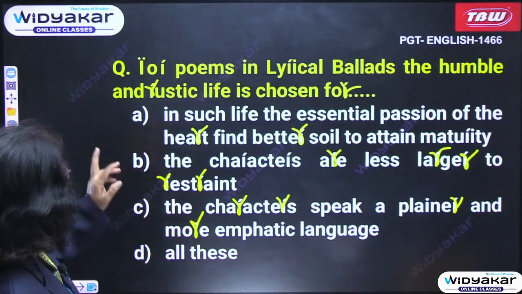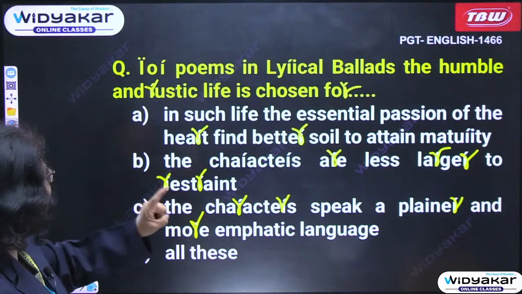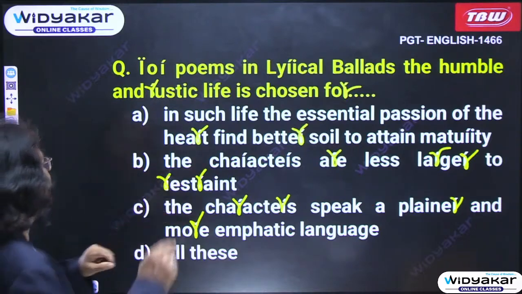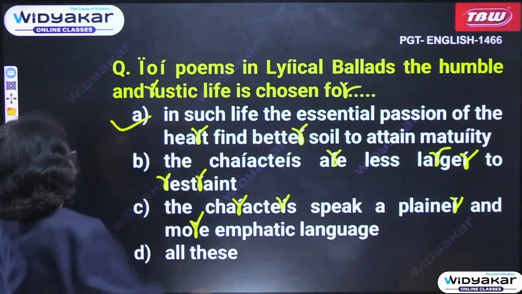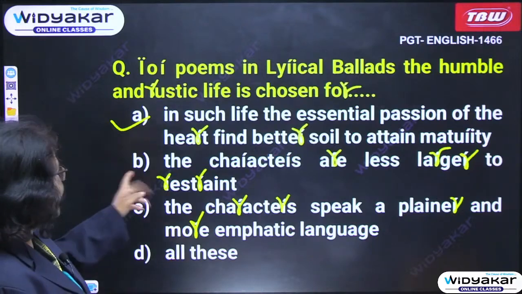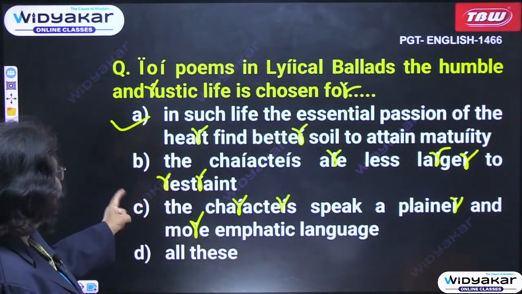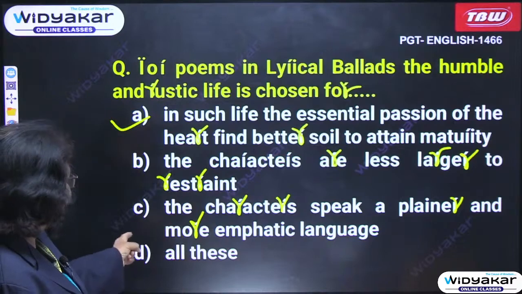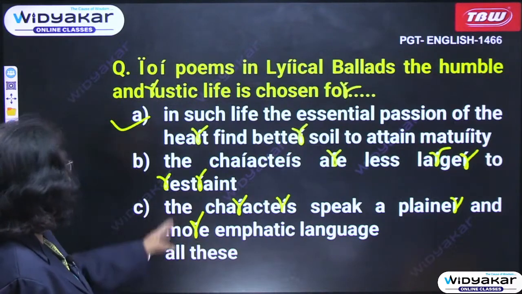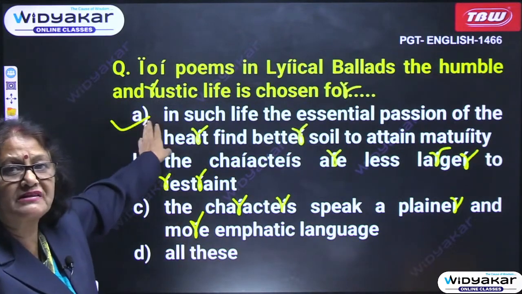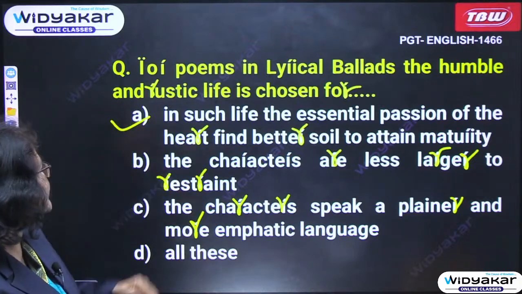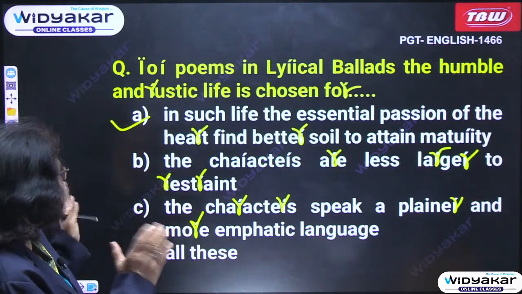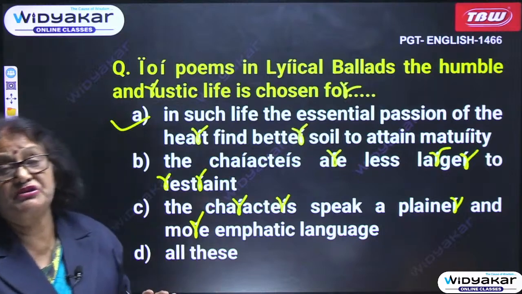Because in such life, the essential passion of the heart finds better soil to attain maturity. The characters are under less restraint. The characters speak a plainer and more emphatic language, and all these. This is the most appropriate answer: that in such life, the essential passion of the heart finds better soil to attain maturity.